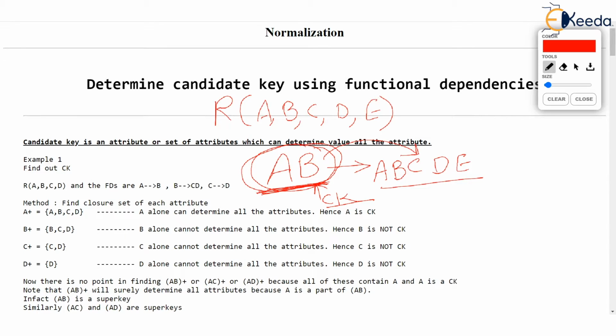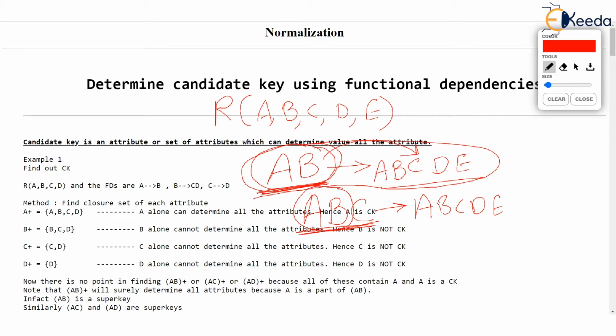Now you just tell me, if AB can determine everything, all the attributes, then suppose we say A, B, C, can it determine everything? All three keys here, A, B, C, can they determine everything? Come on. You know that AB itself can determine all the attributes, isn't it? That means if you add C to this, combination of A, B and C can surely determine A, B, C, D, E, because we already knew that AB alone can determine everything.